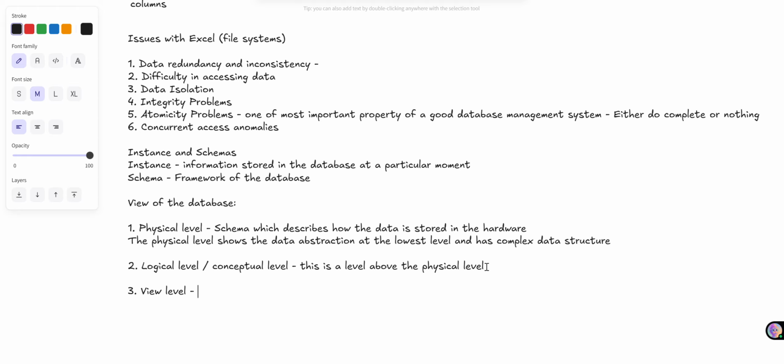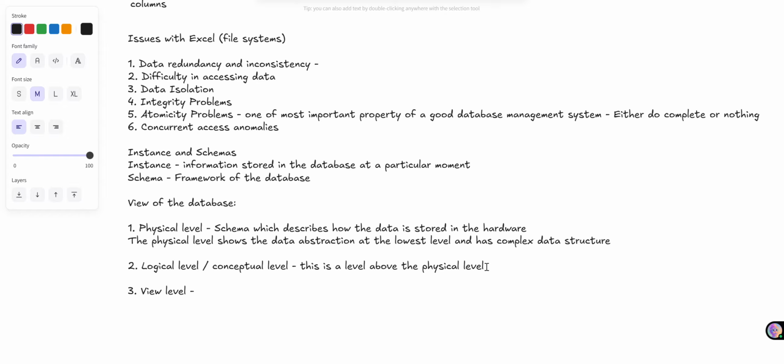Not the whole data, only an abstracted form, a small part of the whole data which is accessible to you. Only that data can you see in the view level.